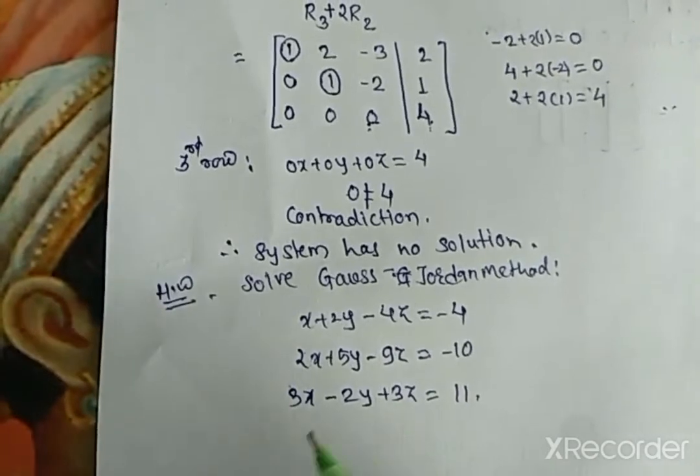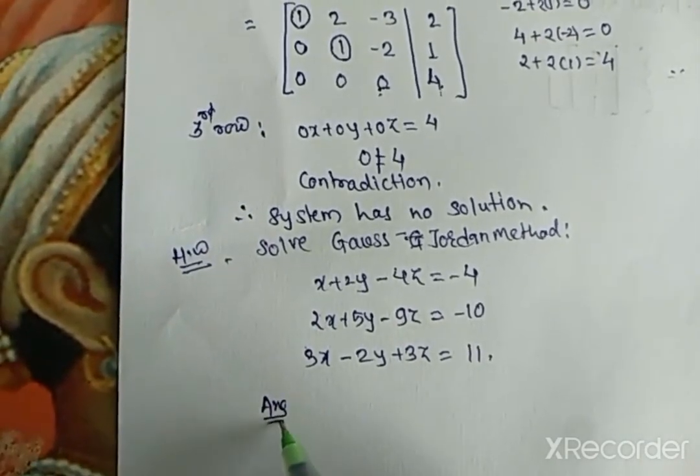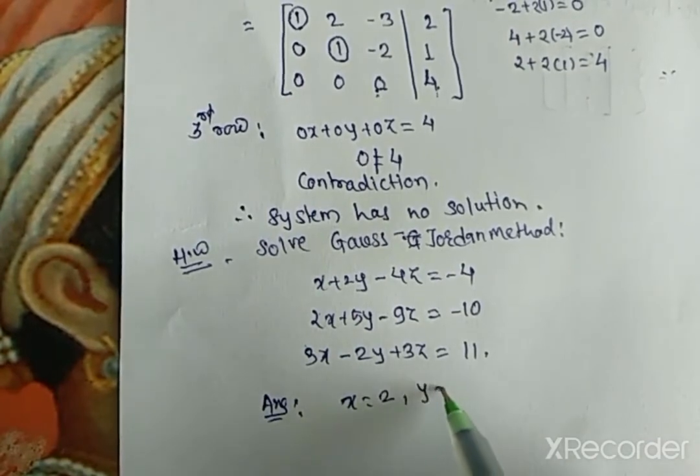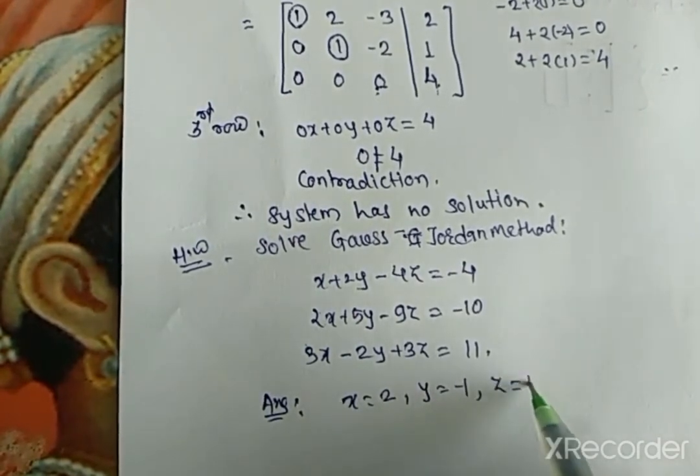I will give you the answer as well: we get x is equal to 2, y is equal to minus 1, and z is equal to 1.